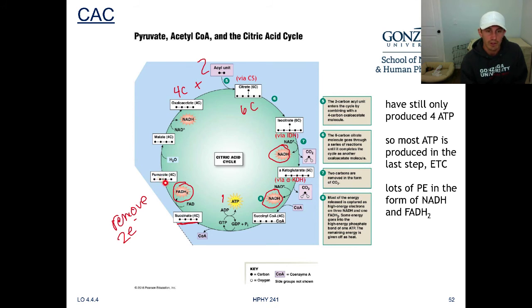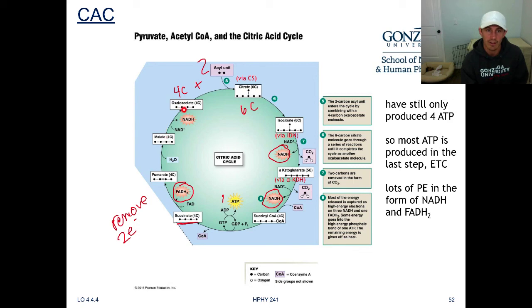Going from fumarate, we add water to produce the molecule called malate. But no energy, no donors are produced here. And in the last step of the citric acid cycle, we go from malate, a 4-carbon structure, and generate oxaloacetate.